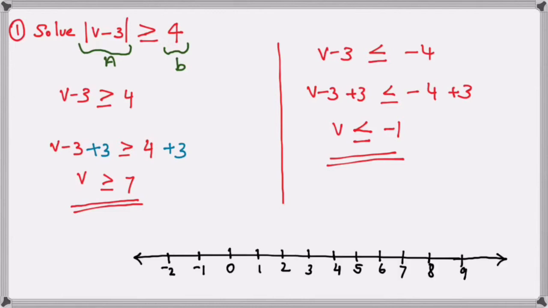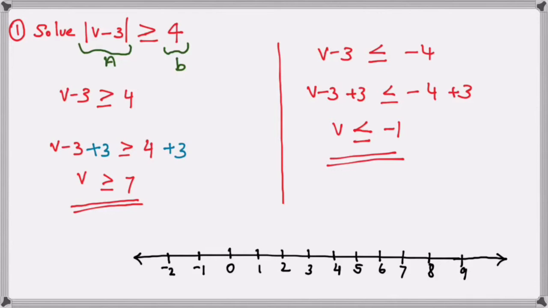Okay, now let's plot this graph on this number line. On the right hand side we got V less than or equal to -1. So where's -1 here? -1 is here.